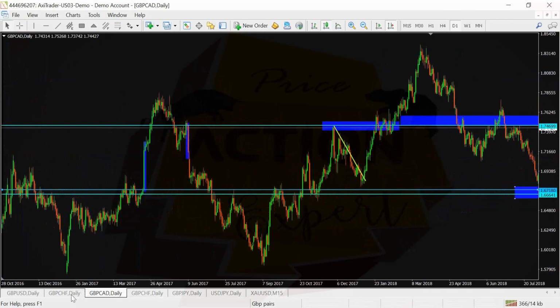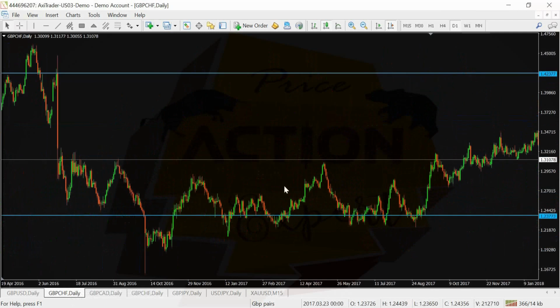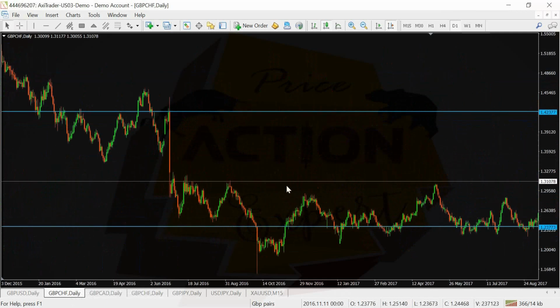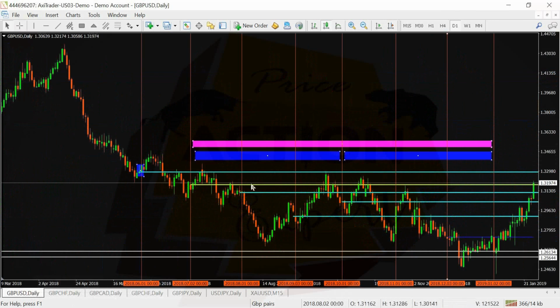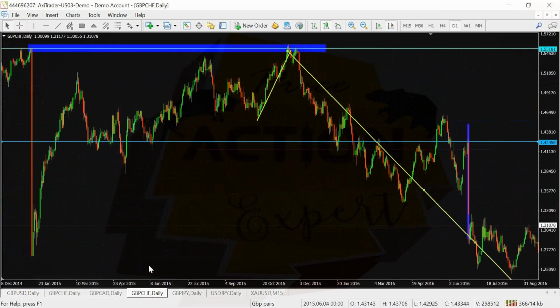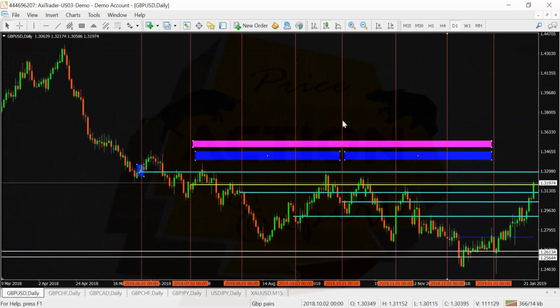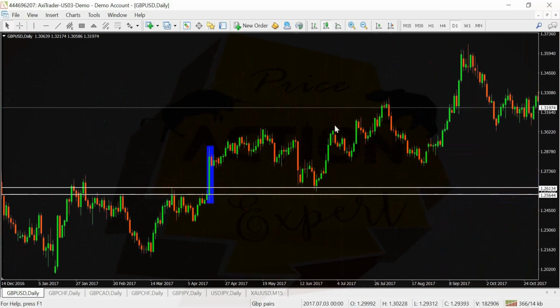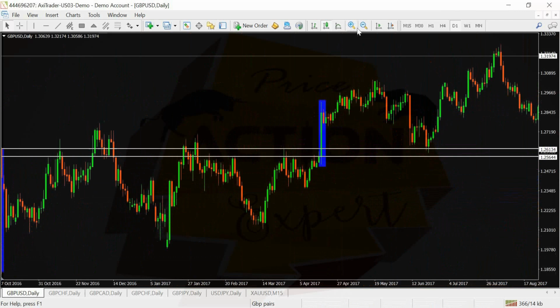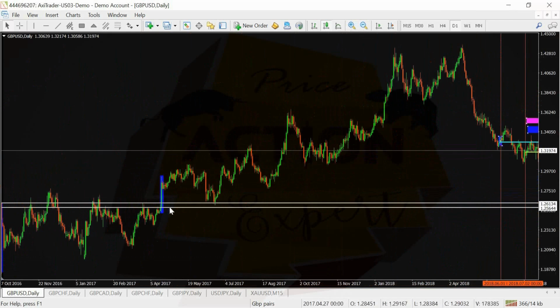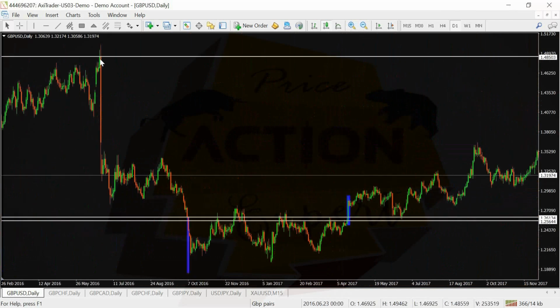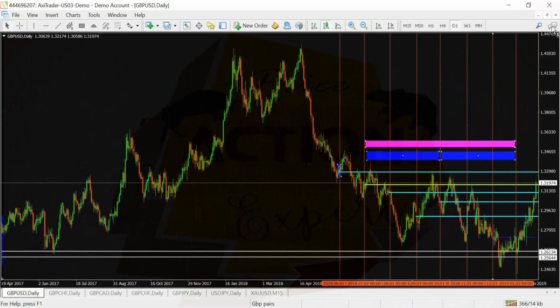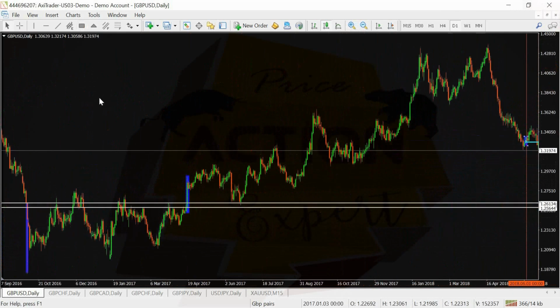Okay, let's move on. We have seen the GBP CHF already. We will move on to GBP USD. This is not the bigger candles. This is Brexit actually. Here, check out. Price didn't go there, so just leave it.